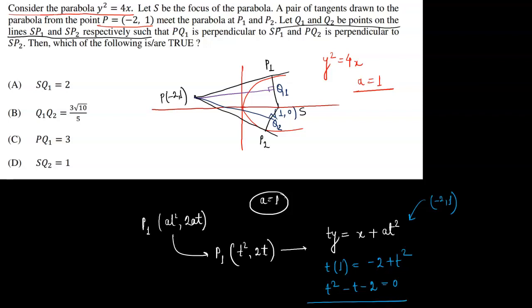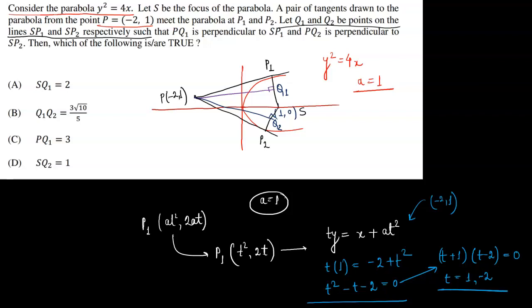Fine. So this equation can be written as (t plus 1) into (t minus 2) is equal to 0. So here we will have t is equal to minus 1 and 2.